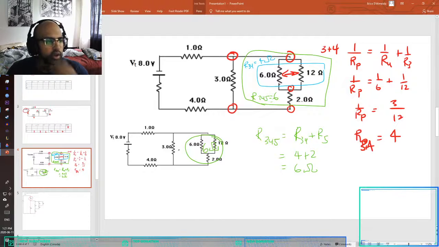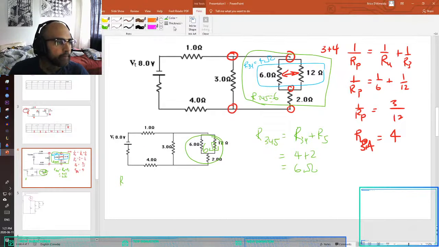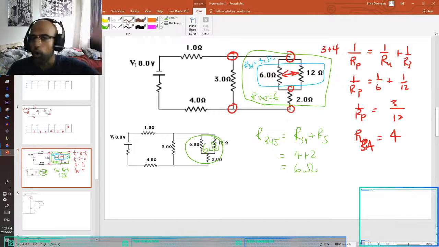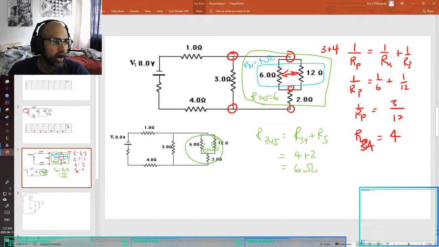Now, the 3 ohm and the 6 ohm, the combined 345, are parallel with each other, so we have to do parallel rules once again. Let's do a different color. By the way, this is all just to calculate the total resistance of the whole circuit, in order for us to figure out things like current and voltages later down the road.